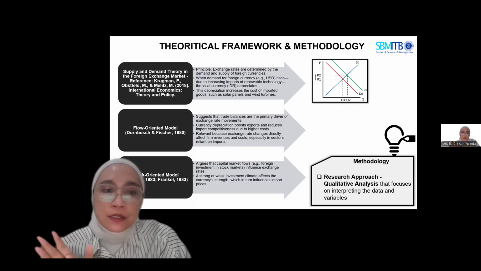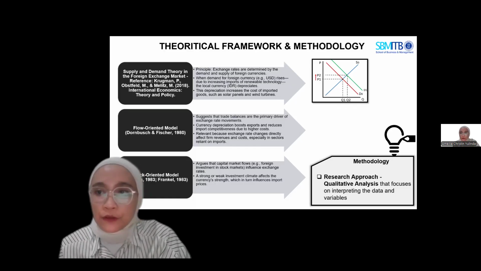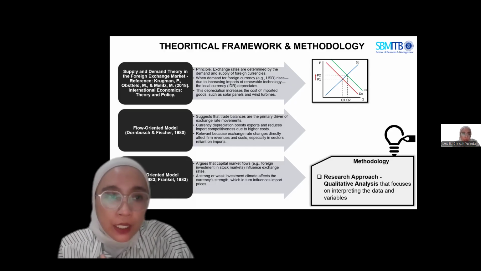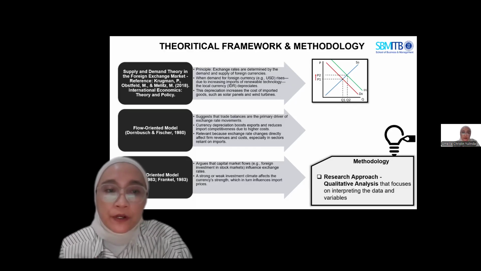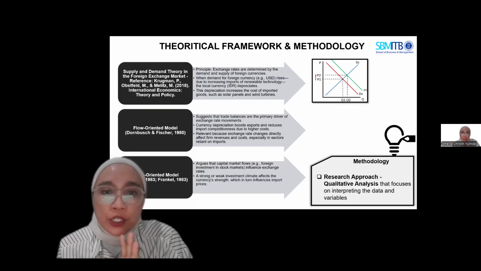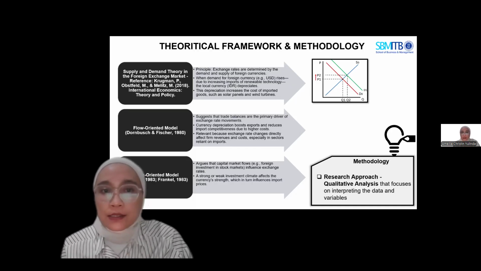The first theoretical framework that I use to define my study is supply and demand theory in the foreign exchange market, with reference from Krugman, because the principle is that exchange rates are determined by the demand and supply of foreign currency.